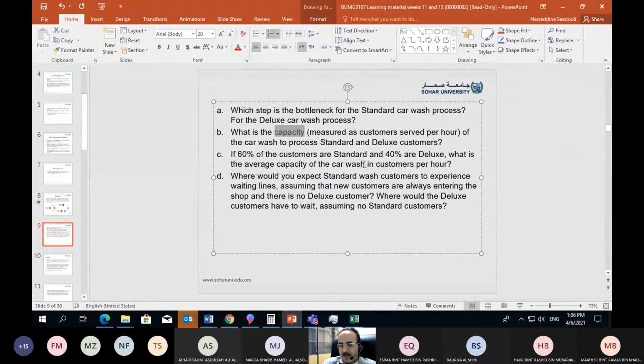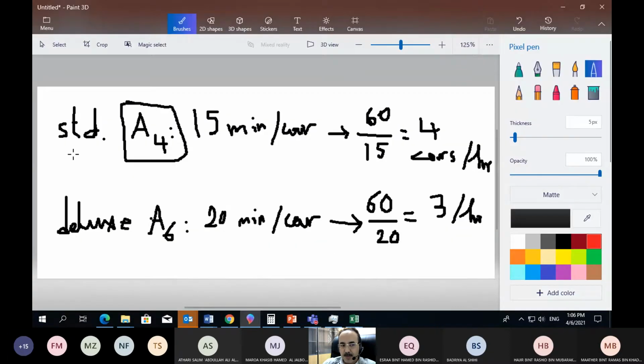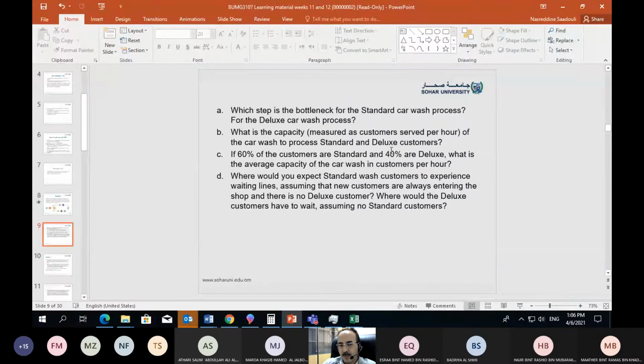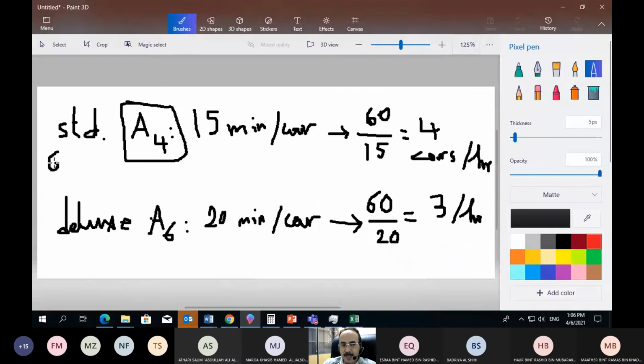If we have percentages now for the entire process, the idea is very simple. 60% are standard, 40% are deluxe. To get the aggregate, that means the overall process capacity, it's very simple.